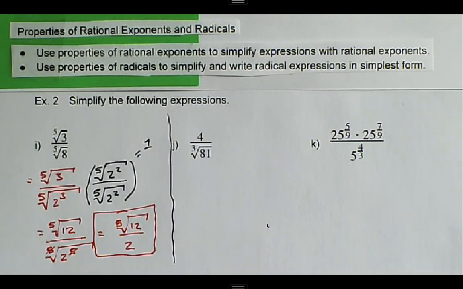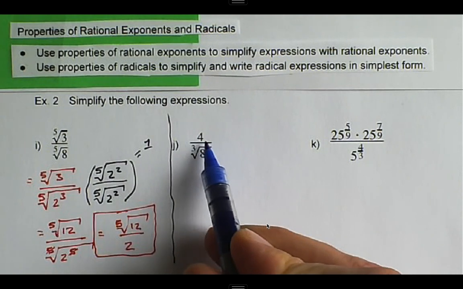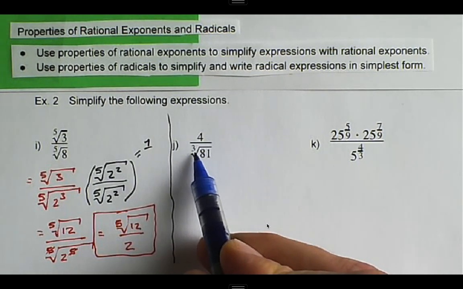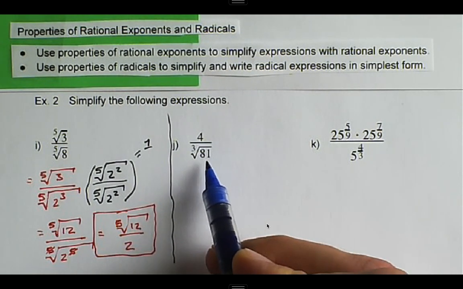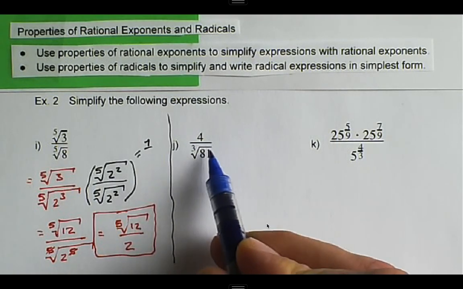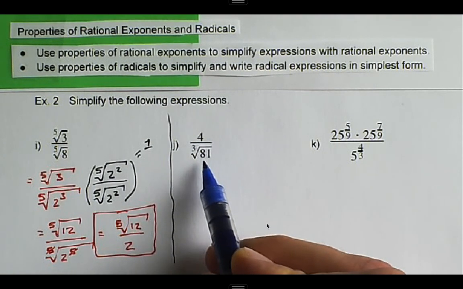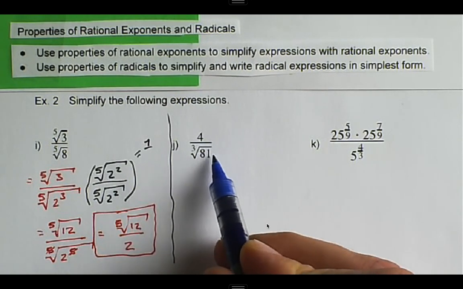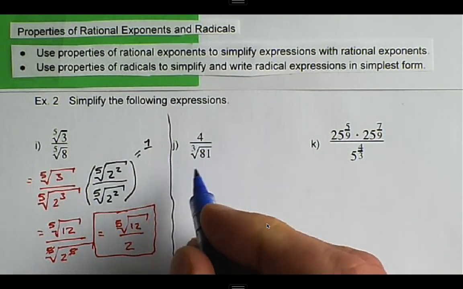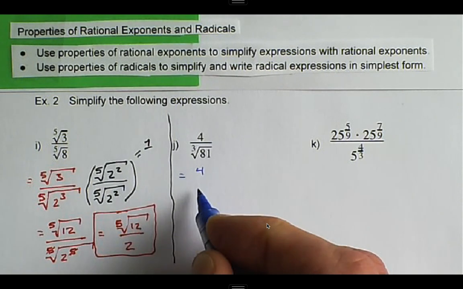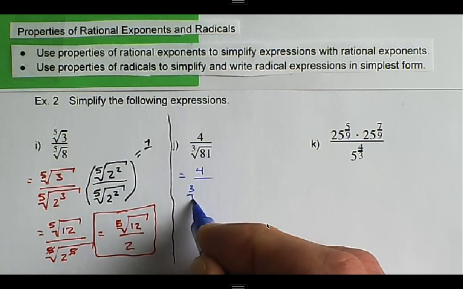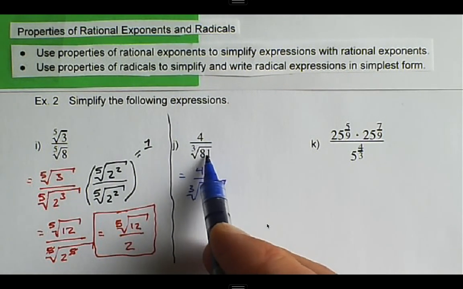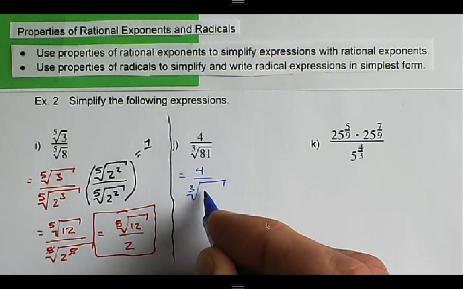Then we're looking at the next example, and what we have is 4 divided by the cube root of 81, and so we can't simplify that down to an exact value, so we want to simplify this radical as best we can. And so we can rewrite this as 4 over the third root, and we know 81 we can break down to 3 to the fourth.